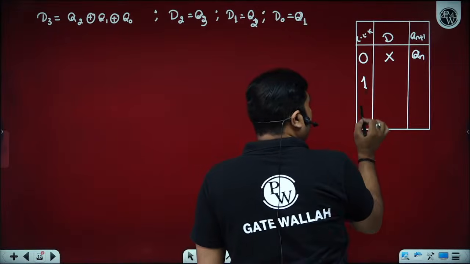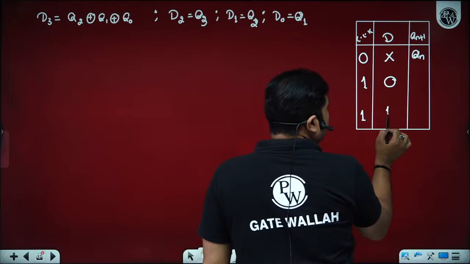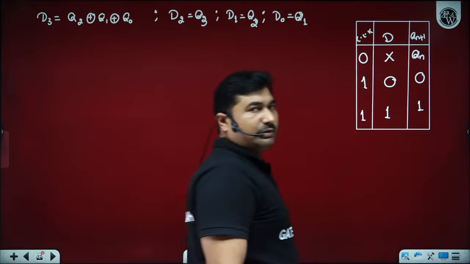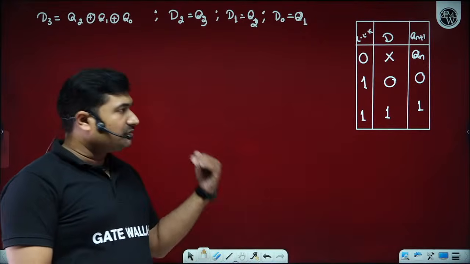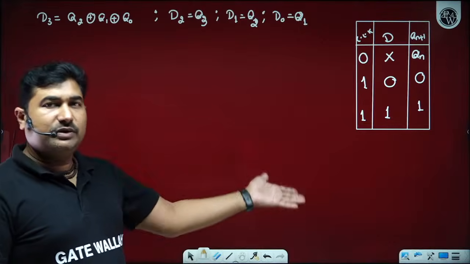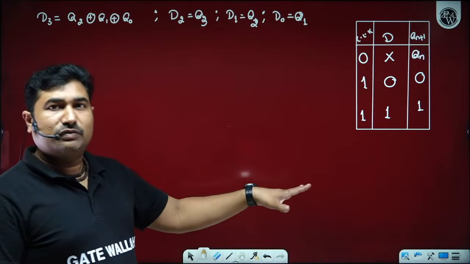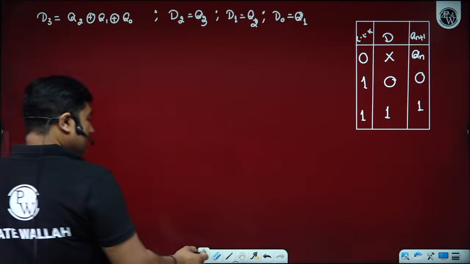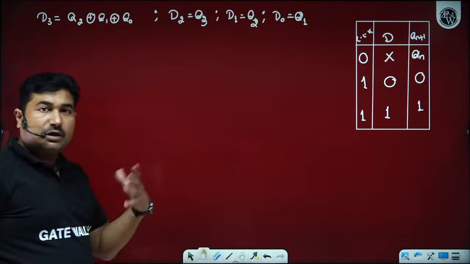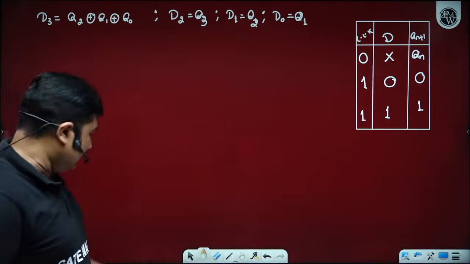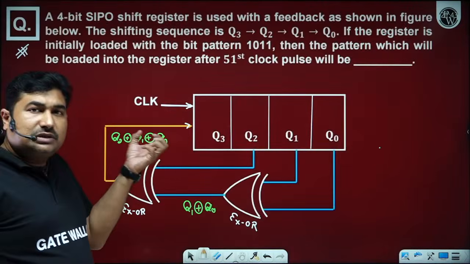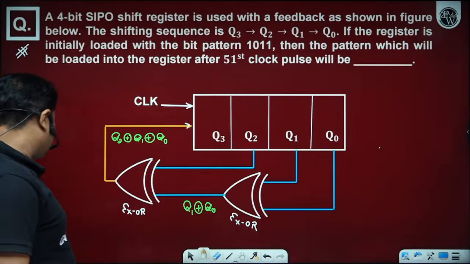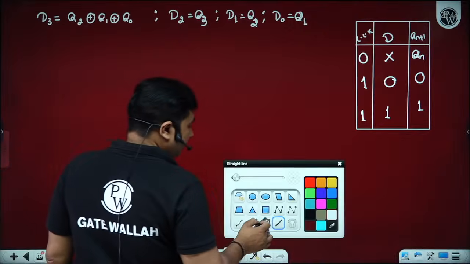If the clock is high, then depending upon the data applied to D, the next state will become 0 or 1, because a D flip-flop is a transparent latch. If you apply 0, you will get 0. If you apply 1, you will get 1. But if you are not applying any clock pulse, the data will remain in the previous state only. Since all the flip-flops are connected to the same clock pulse, all are going to be activated at the same time, and depending on their input, they are going to store the particular output. Okay, yes, sir.